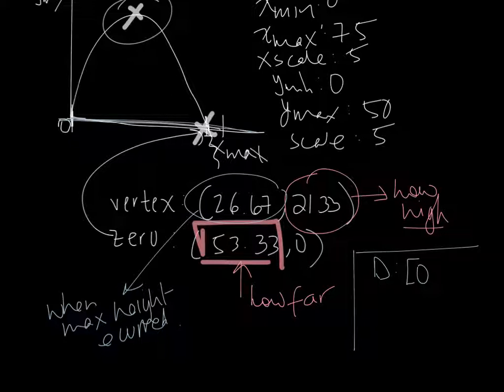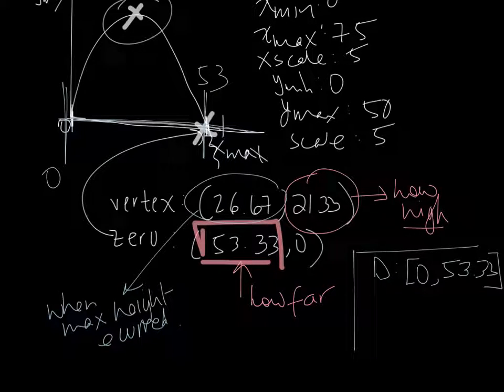In this case, the ball goes 53 meters down the field. I hope that makes sense. This is 53, and this is 0. How high? What are the ranges of the heights? Obviously 0 when it's about to be kicked, and then the highest that it goes is 21.33 meters. So that would be your range.